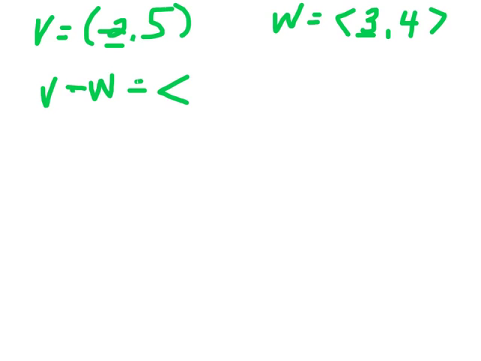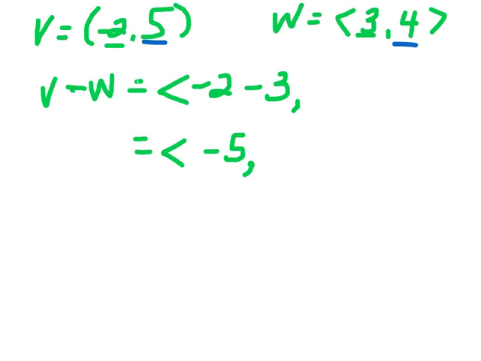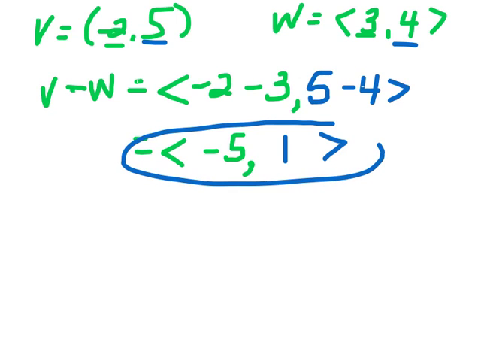So it would be negative 2 minus 3 for the x part, and that would be negative 5. That's a comma. And then for the y parts, we start with v minus w, so it's 5 minus 4, and that would be 1. So that would be the result of subtraction.